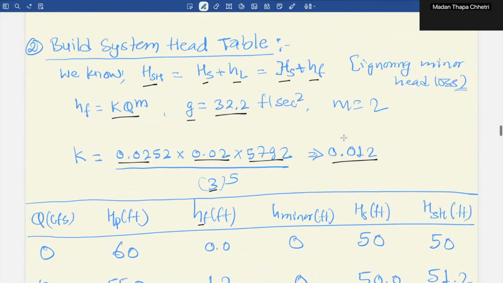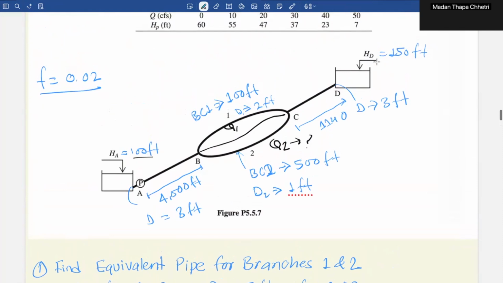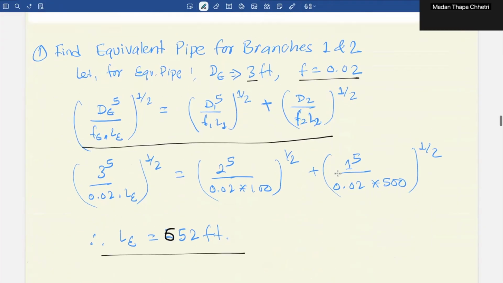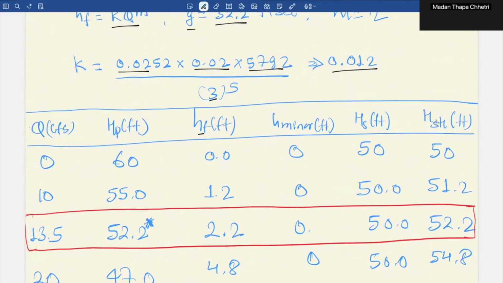And the static head is equal to HD minus HA, which is equal to 50 feet. And this final system head is the combination of HF plus h minor plus the static head.